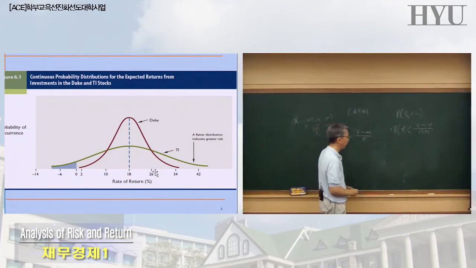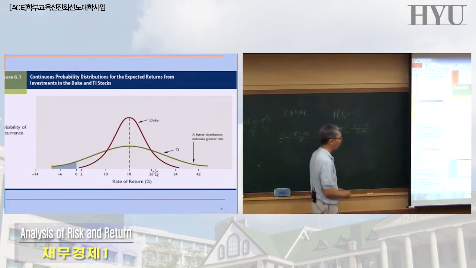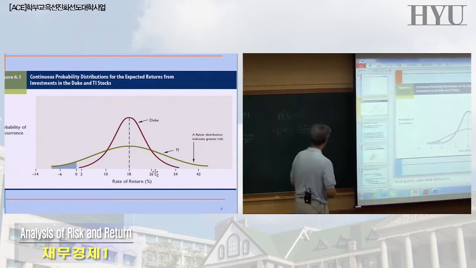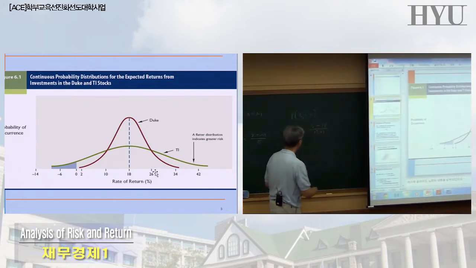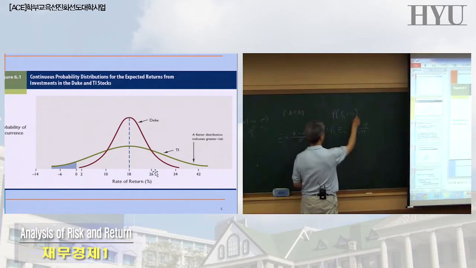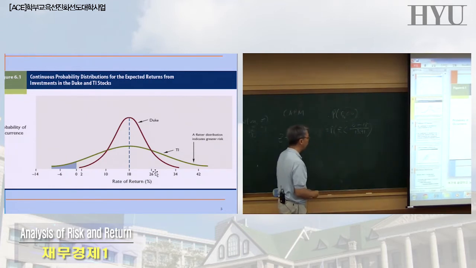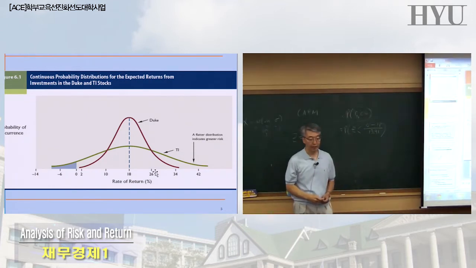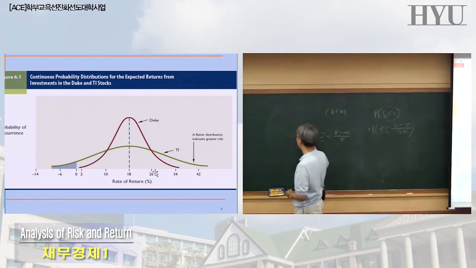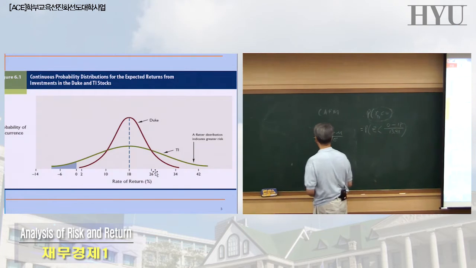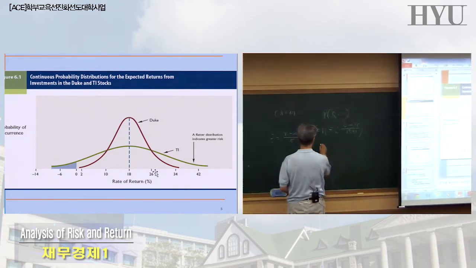So what we are doing here is trying to convert this probability into the probability that the z-score will be below this number, so that we can use the z-table to come up with the actual probability. All right, so if you calculate that, what do you get?